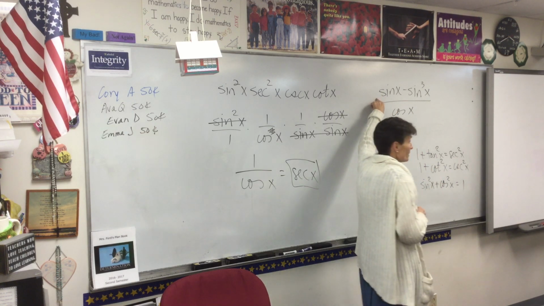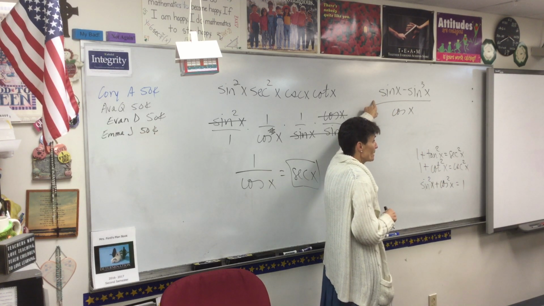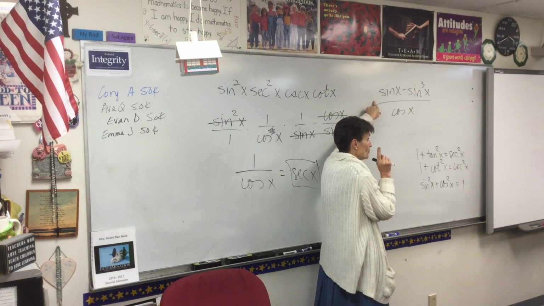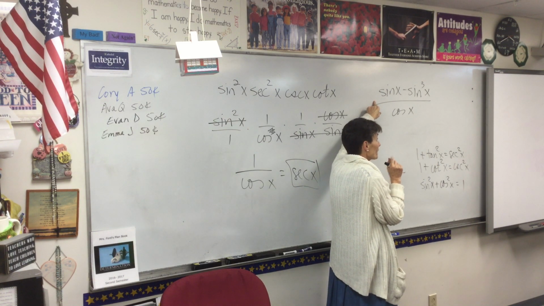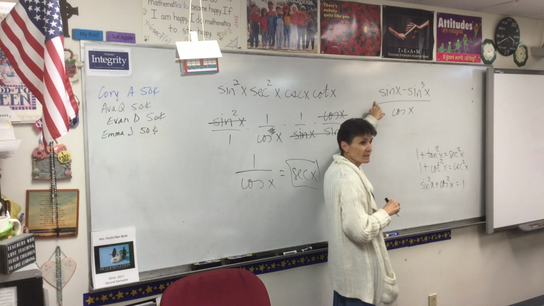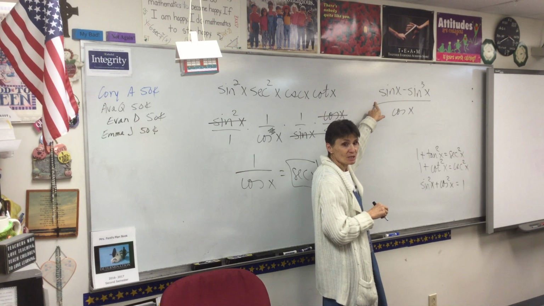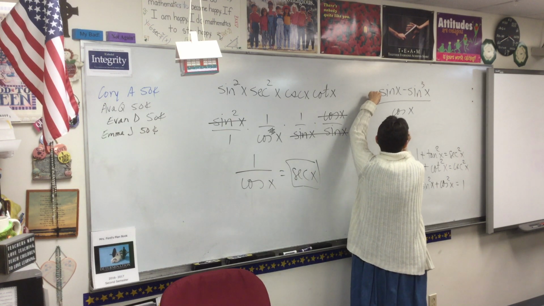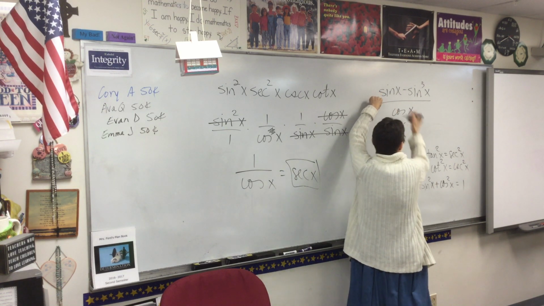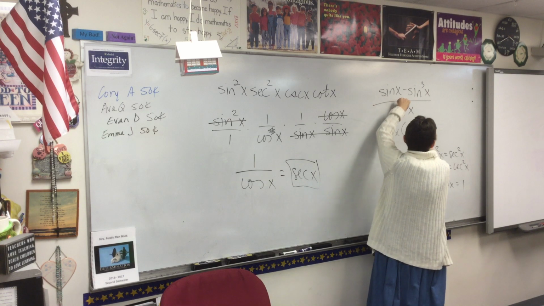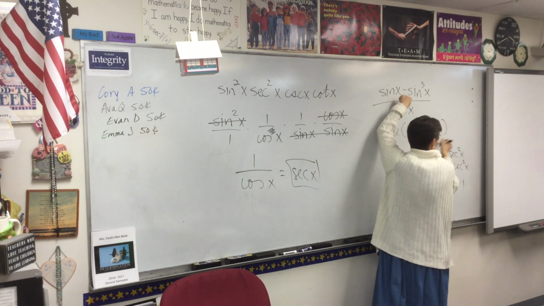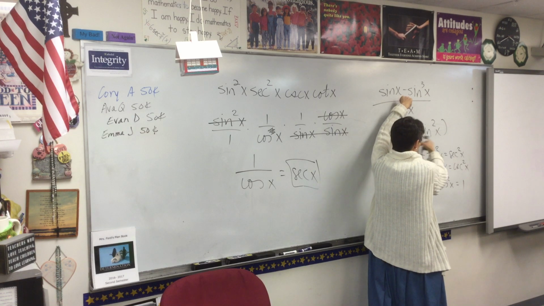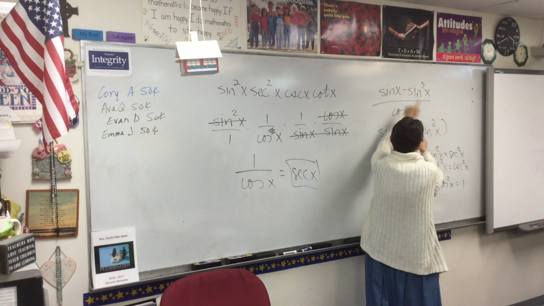So let's look up here for a minute. Before I go to here, there's something I need to do first. We're going to take a sine out. We have a GCF, and if I pull a sine out, that leaves me with 1 minus sine squared. That's good news, right? Because that I can find down here.